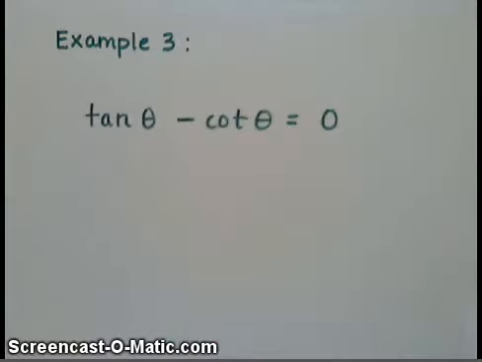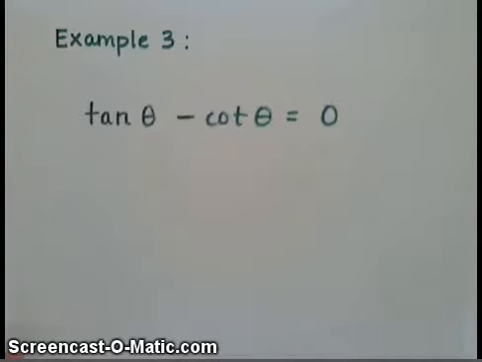Finally, my last example for this is example 3, and as you can see here, we have tangent minus cotangent equals 0. Now this problem is different from the other two in that it contains no squares. So the Pythagorean identities are out. What we've got is two single functions.